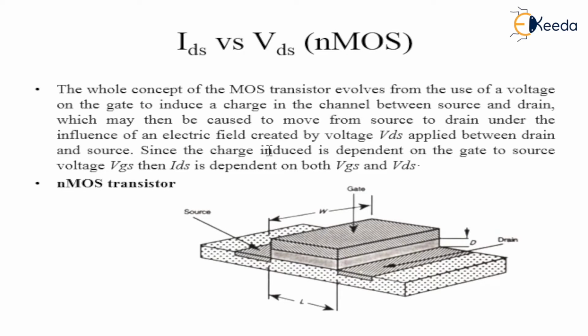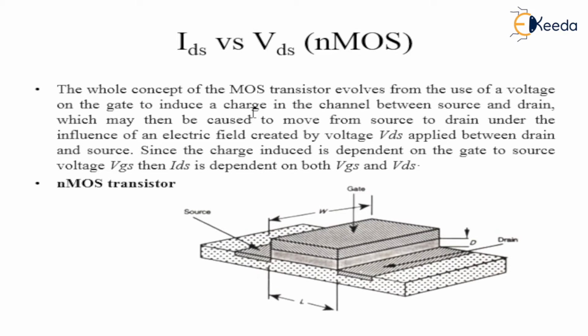Therefore the charge induced is dependent on the gate to source voltage, and IDS will depend upon VGS and VDS. So the concept is all about the use of voltage on the gate to induce charge in the channel between source and drain.